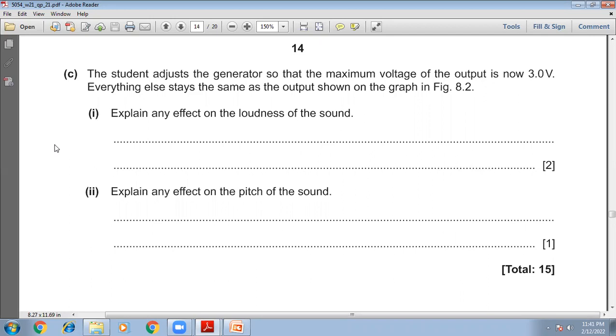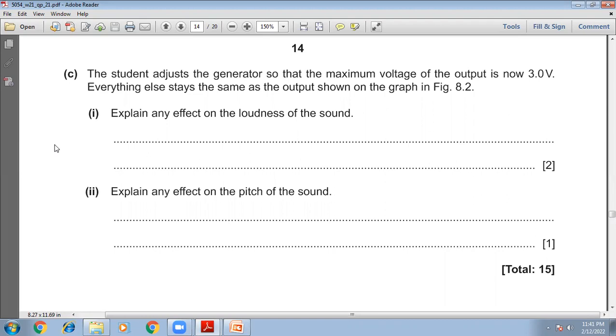So whenever you reduce the voltage, the amplitude of the vibration will decrease. If you decrease the voltage given to this loudspeaker, the amplitude of the vibration of its cone will decrease, and on the amplitude of vibration the loudness depends.